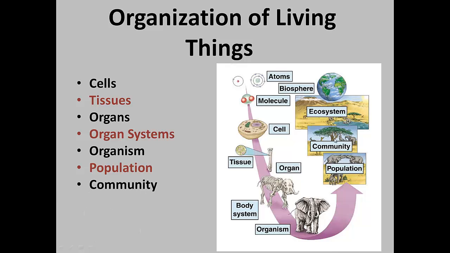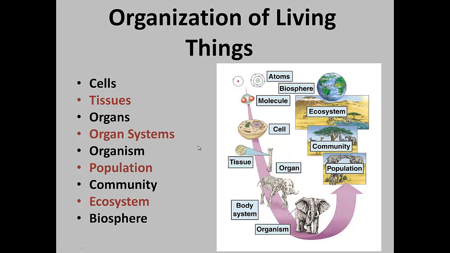So you have the population in this diagram, the community, and then the ecosystem. The ecosystem is going to be all the communities in an area along with the non-living and how they interact. So you have dirt, you have air, you have weather, rain. So ecosystem is composed of the interaction between all the communities and the non-living.